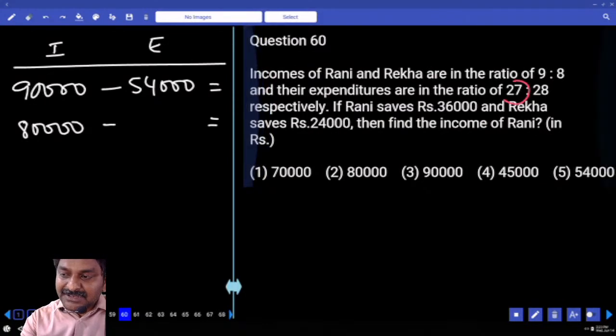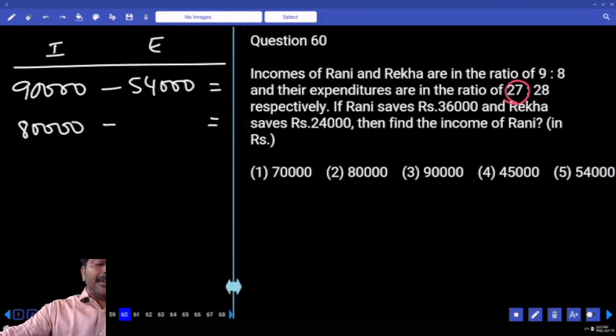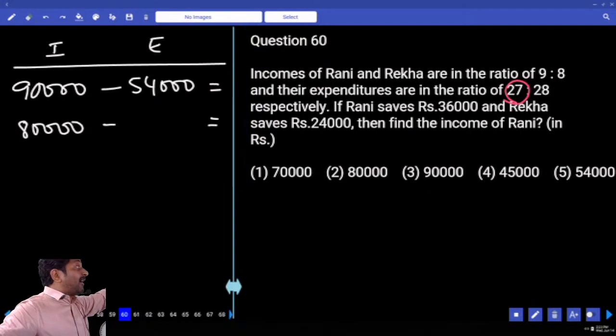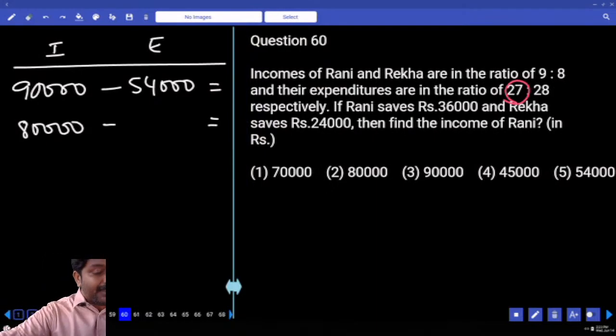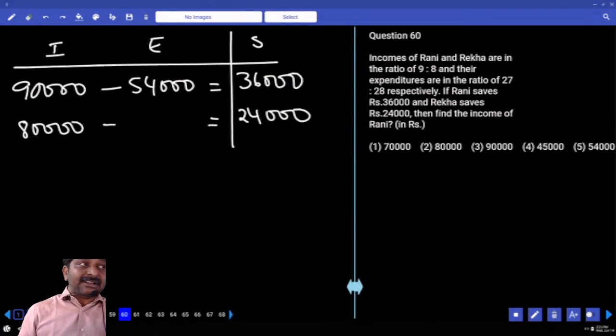Expenditure of the first person, how many parts do we have? Is 27 a factor of 54,000? Yes, then I will continue. If it is not a factor of 54,000, I will eliminate this option and pick the next one. Right. So, as 27 is a factor of 54,000, I want to make sure the other condition is true.